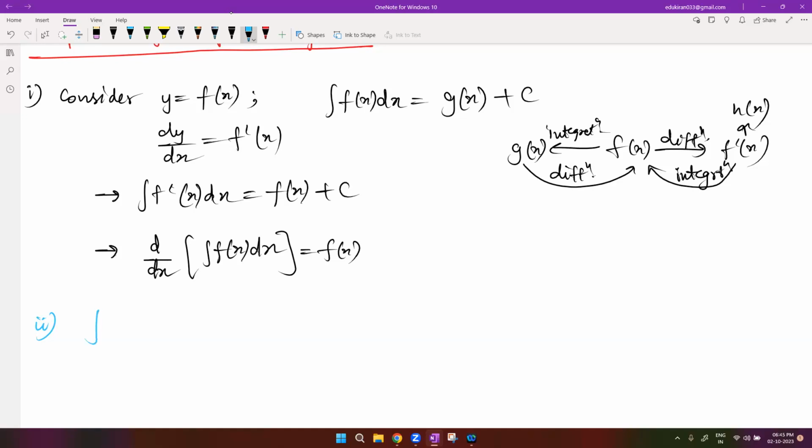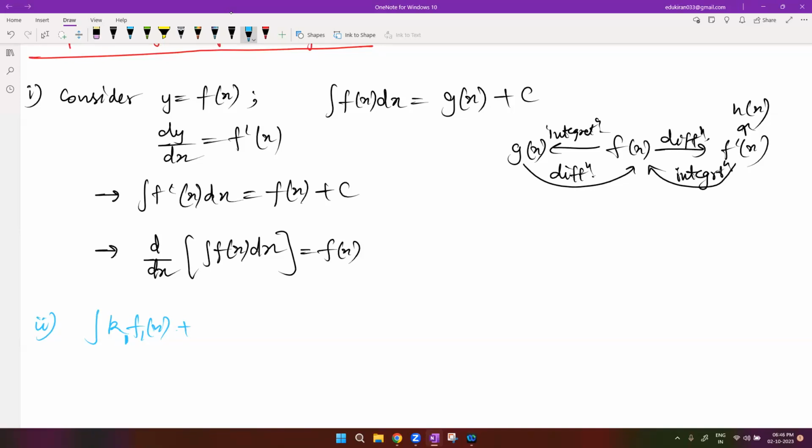So let me write the whole property once. There will be many properties written in the book, but I don't think you need to remember all of them. Just remember these two things. First, we have discussed in the last class that differentiation and integration are inverse processes of each other.